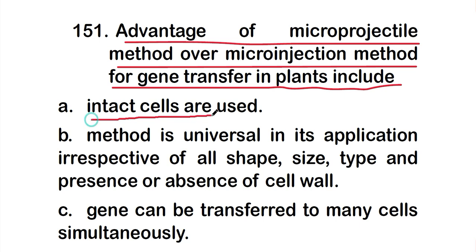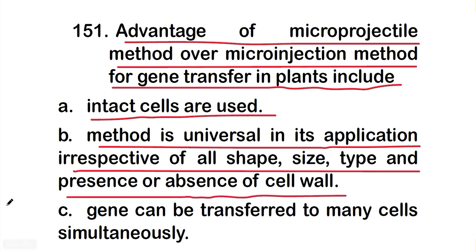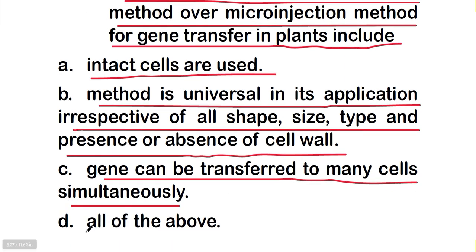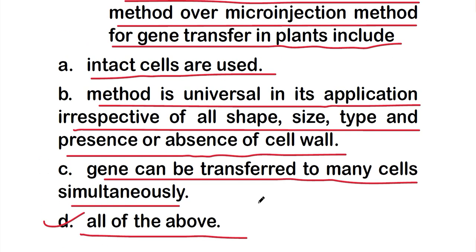Option A, intact cells are used. Option B, method is universal in its application irrespective of shape, size, type and presence or absence of cell wall. Or option C, gene can be transferred to many cells simultaneously. Or option D, all of the above. So the right answer is option D, that is all of the above are correct.